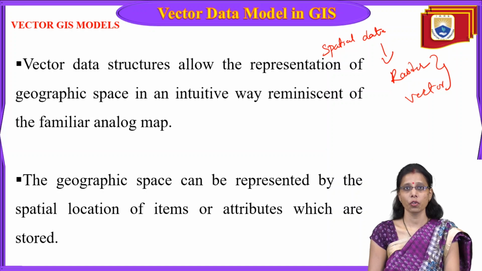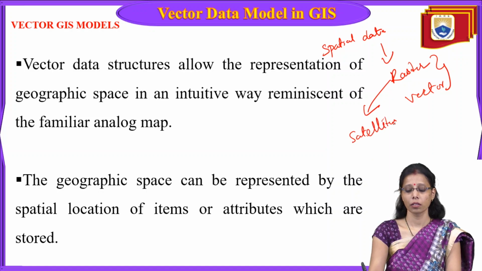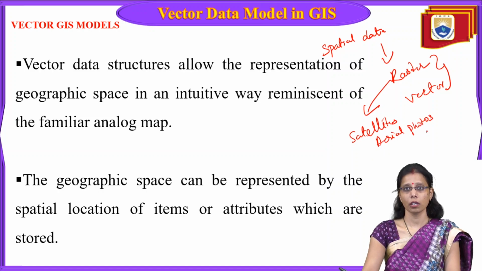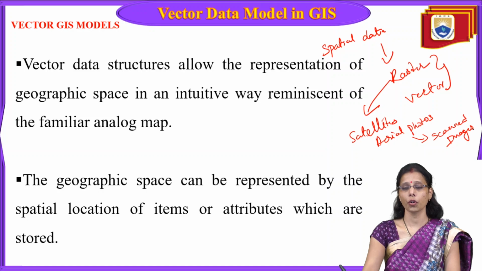Raster data is in the form of satellite images, aerial photos, or scanned images. All these images in a grid format come under raster.